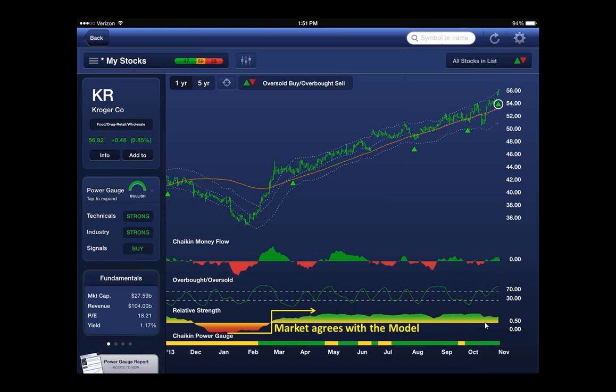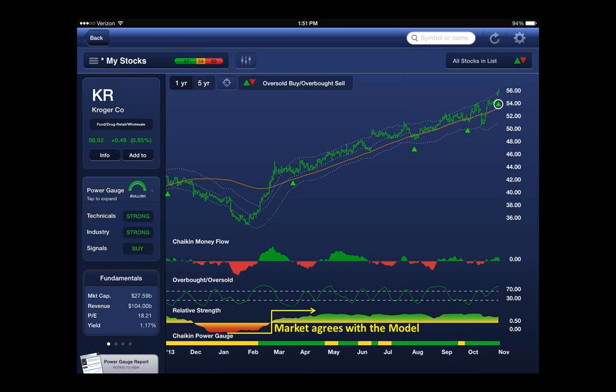The market had agreed with the model, and this is what we call a personality change. The stock was coming down, relative strength was negative, the Chaikin Power Gauge was neutral, the Power Gauge flipped to positive, the market relative strength flipped to positive, and right after that, the stock was into its movement, but kept going up from the mid-40s all the way up to 46.